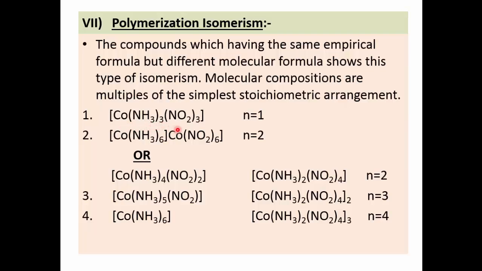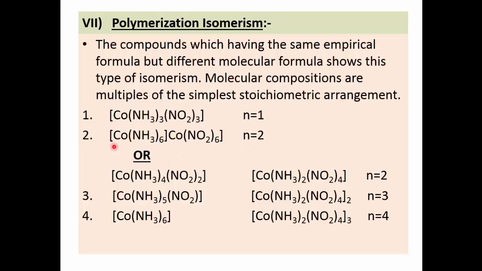Co(NH3)3(NO2)3. That means 1 cobalt ion, 3 ammonia molecules and 3 NO2 ions are attached. Therefore, n is equal to 1. Let us see isomer number 2, in which n is equal to 2, that means the number of atoms or ions is doubled. It is twice.